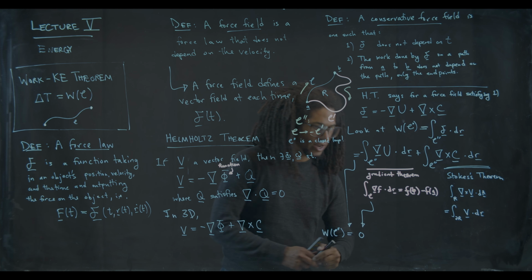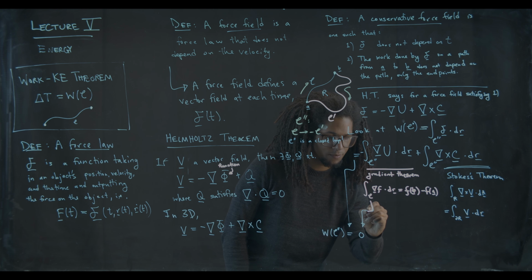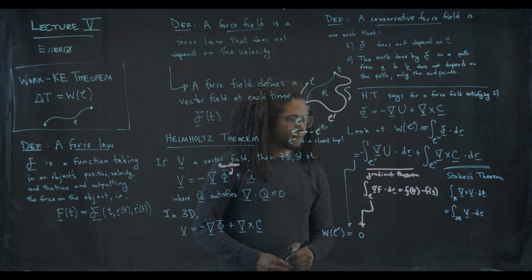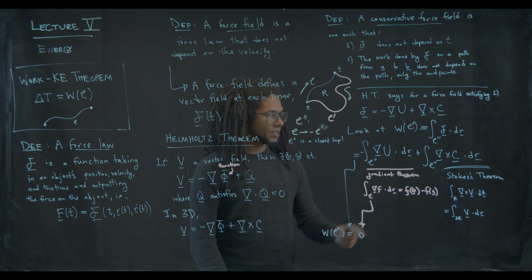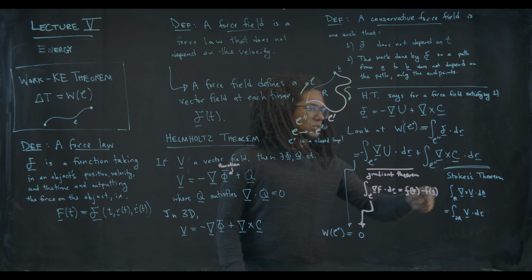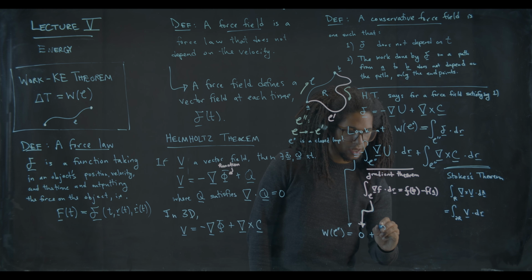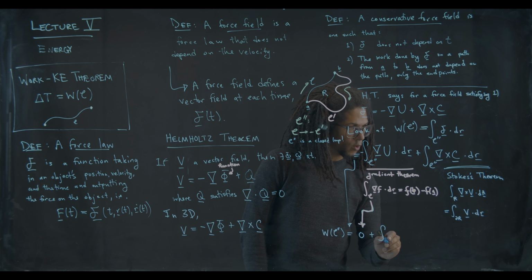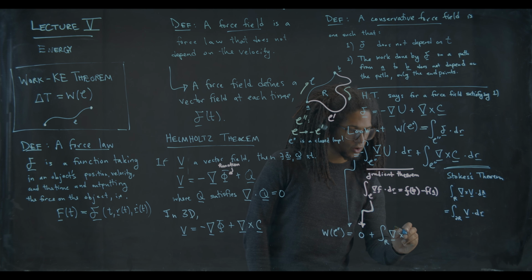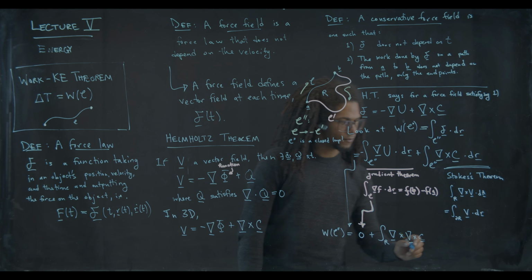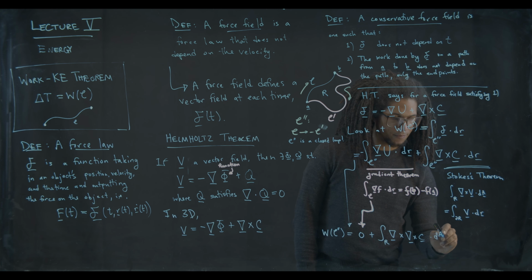Maybe actually let me go over that in pink just to show that that's where it comes from. And then from this second part, using Stokes's theorem, again in reverse, we get plus the integral over R of the curl of C dot dA.